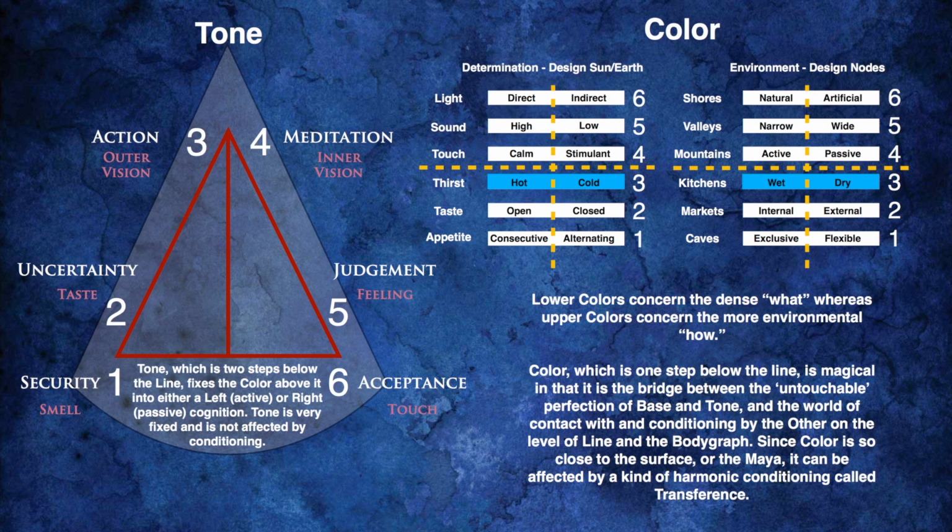So when you look at the 3, the fact that it's at the very top of the lower colors, it's still concerning things, but those things are being very much transformed and mixed together. They are being manipulated. They are being switched up and changed around in a way that can create many different things out of the basic ingredients of the 2.